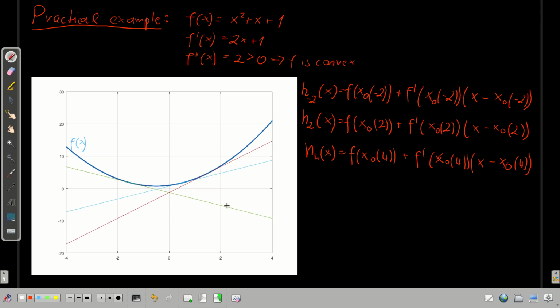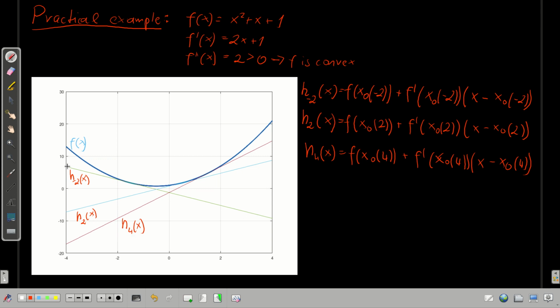And these three functions can now also be illustrated in the graph beneath. So the green line here is h subscript -2 of x. The light blue line is h subscript 2 of x, and this purple line here is h subscript 4 of x.